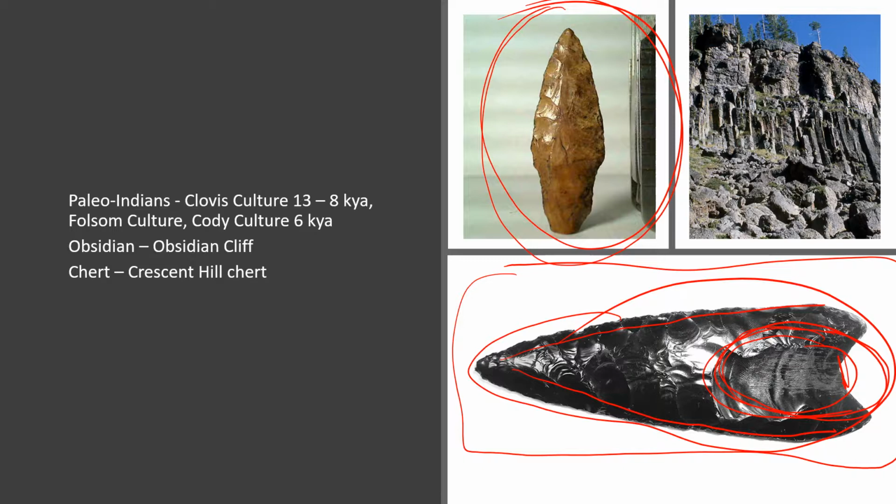Nobody's 100% sure what caused the extinction of mammoths and mastodons in North America, but certainly hunting contributed. So the Cody culture were predominantly bison hunters, and the bison of the time was much larger than our modern day bison, but they hunted bison using spear and arrowheads that look like this.